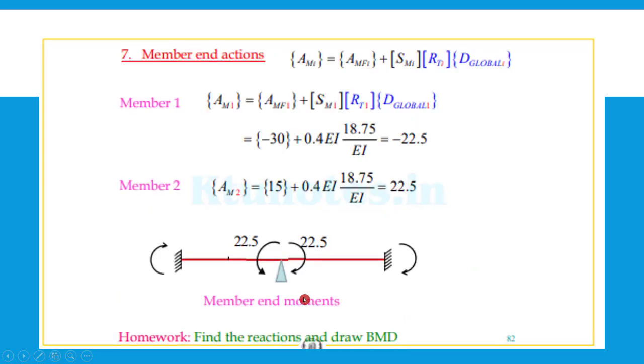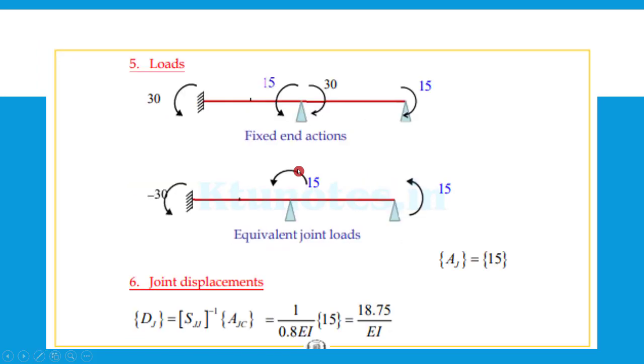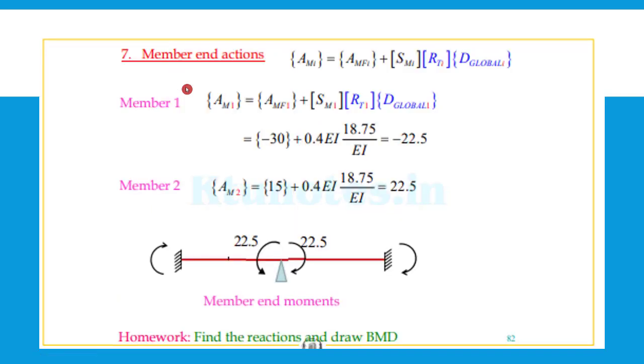Then the member end action AMi is equal to AMFi plus SM into RT into D global. So for member 1, we have the fixed end moment as minus 30, plus 0.4 EI into 18.75 by EI, which is equal to minus 22.5.